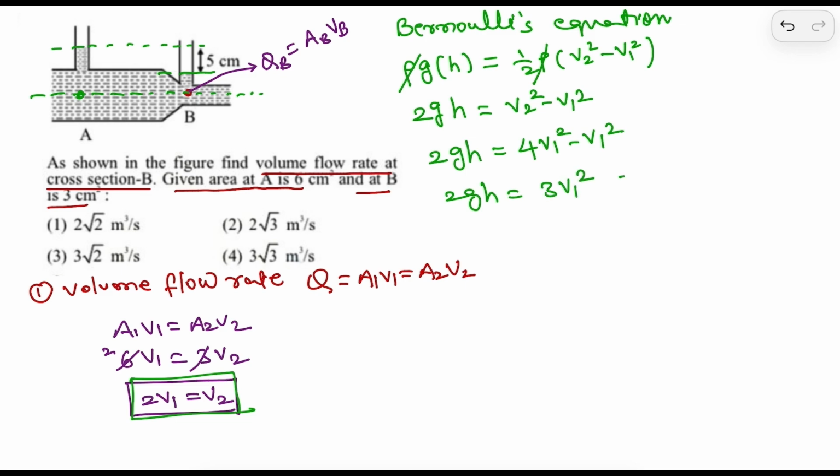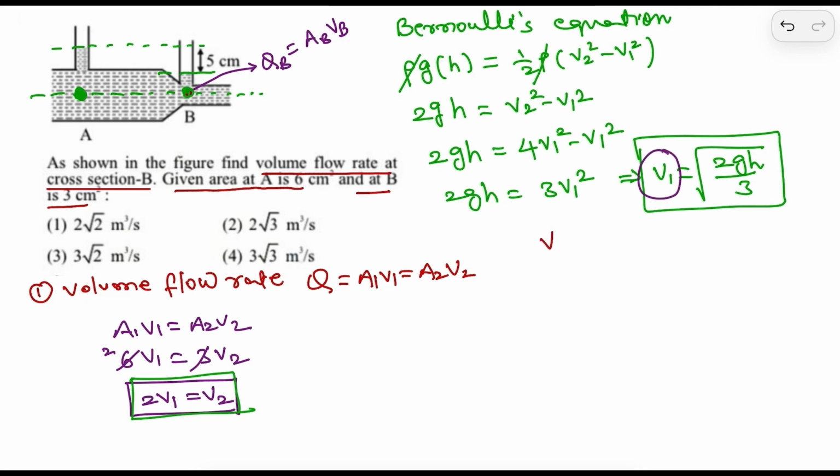So I can write v1 is equal to the square root of 2 g h by 3. This is the velocity v1, at the first cross section.